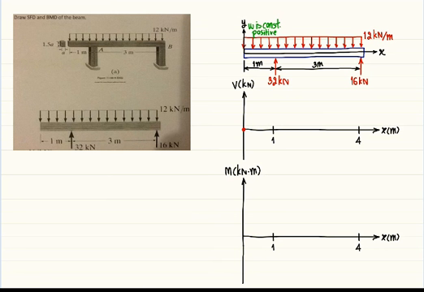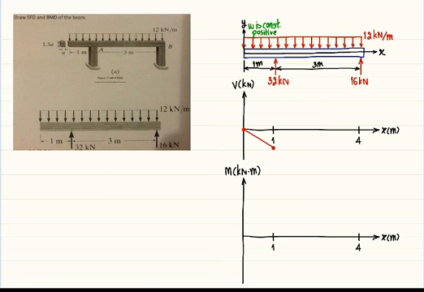So the slope in the V diagram is constant negative. So this graph shows the shape of the shear force diagram in section 1. The slope is constant negative.